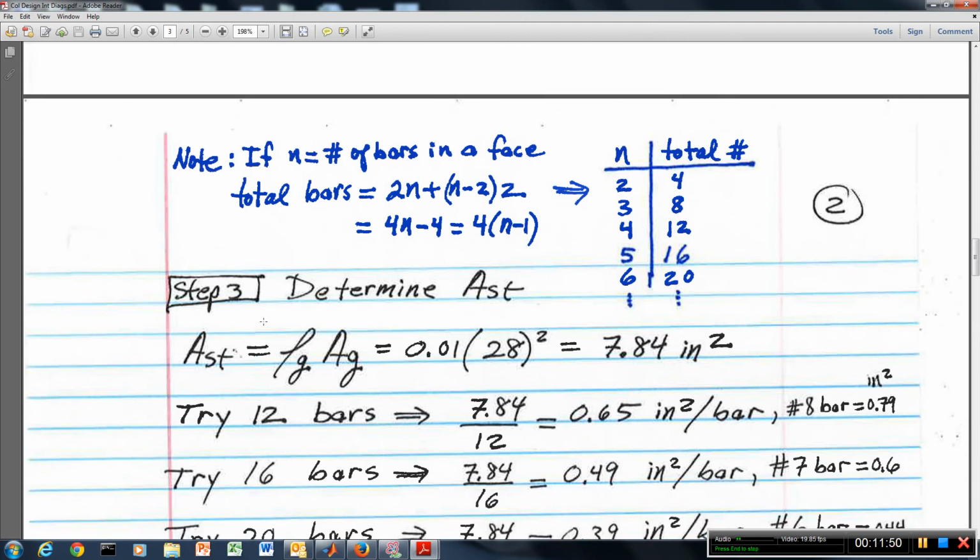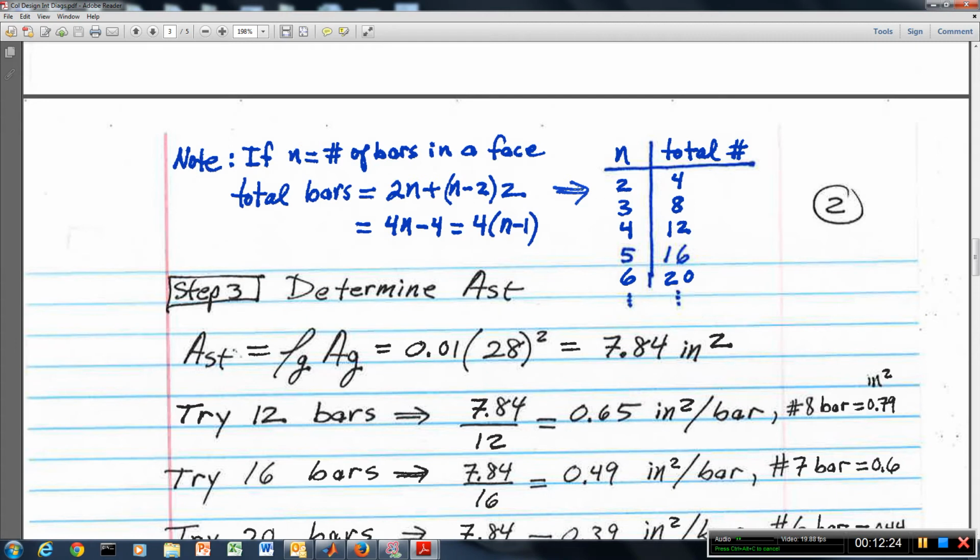Now that we have that value, since rho G is equal to AST over AG, we can solve for AST, and it is equal to rho G times AG, so that is 0.01 times 28 inches squared, and we get an AST value of 7.84 inches squared.